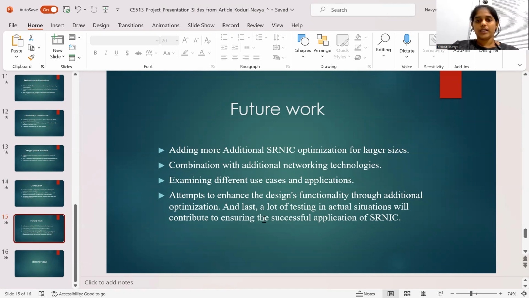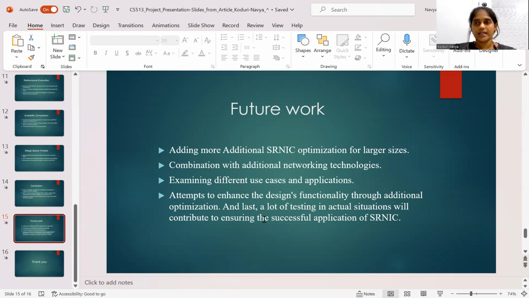We have only the network and the connection scalability now, but we can combine it with additional network technologies too, and examine different uses and applications.